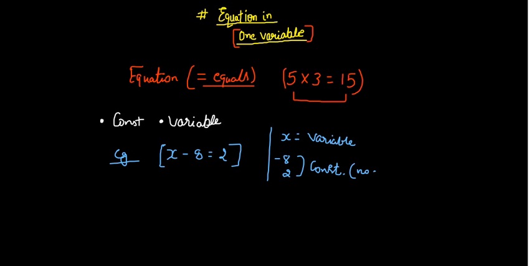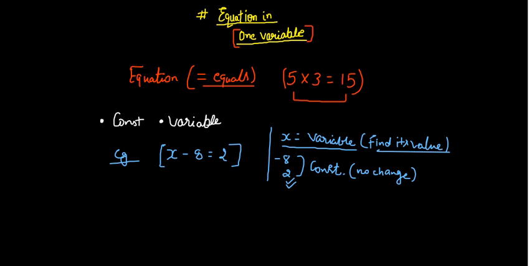Like if I am saying the number is 2, it means it is 2. It cannot be 3 or 5 or something. But the variable means that we don't know its value yet, so we will find its value according to the conditions that we have applied.